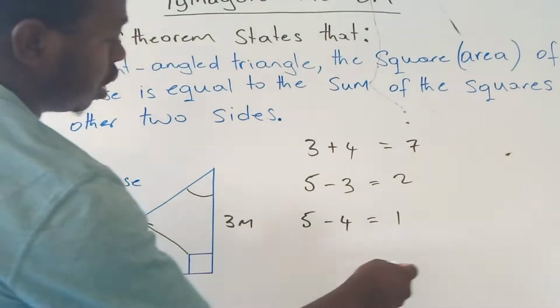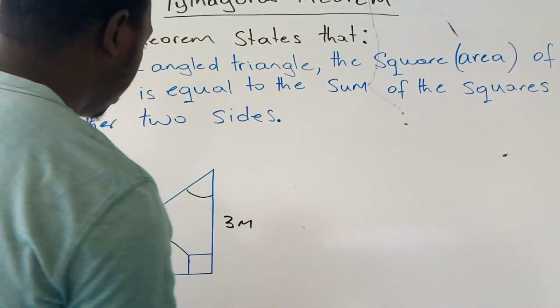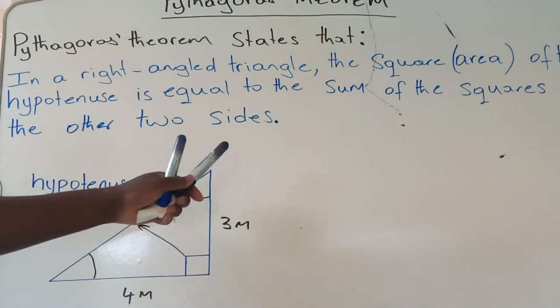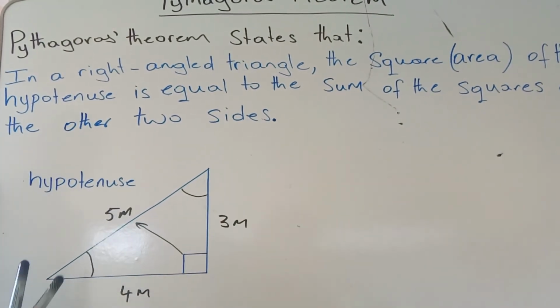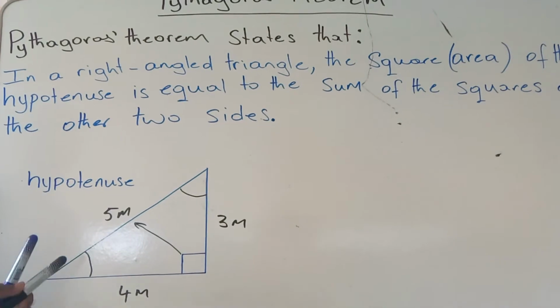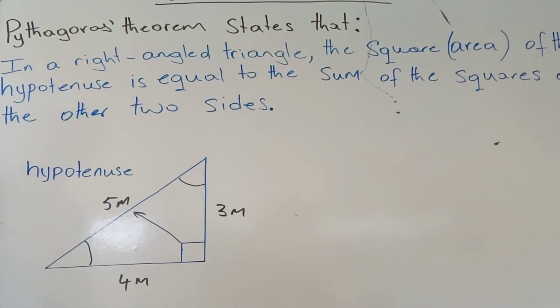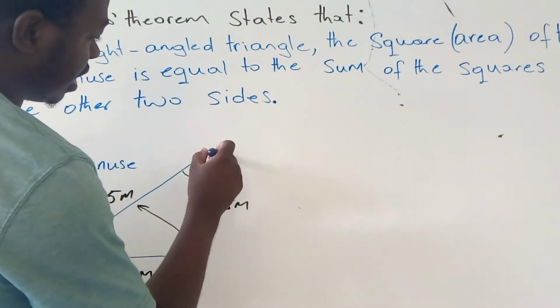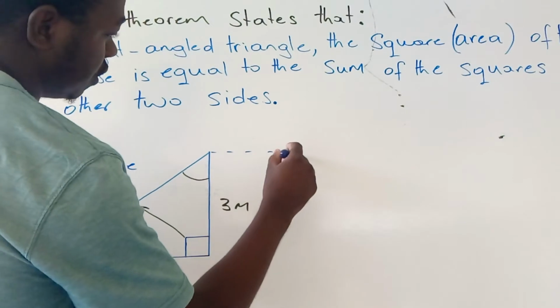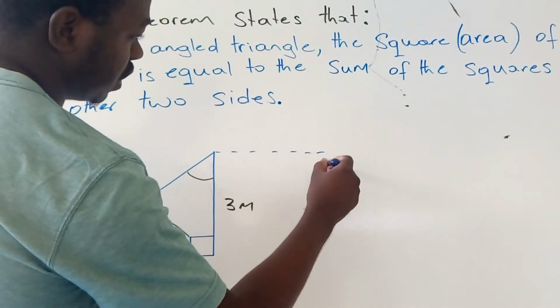Now, let's say that you were asked to draw a square on each side of this triangle here, and they ask you to calculate the area of each square. So if we draw a square on this side here, and note that my diagram is not drawn to scale.